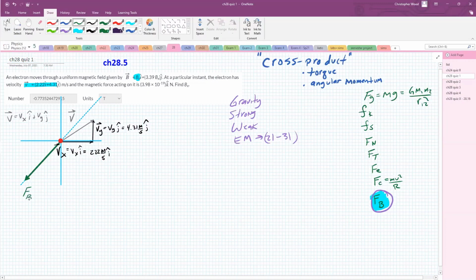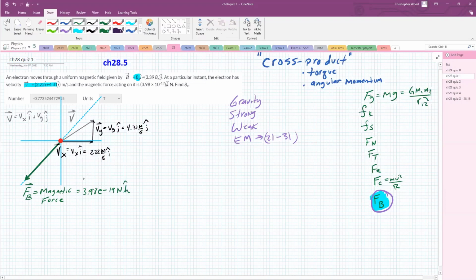B stands for magnetic. So F subscript B is the magnetic force, which again is a brand new entry, magnetic force. So fundamental force of nature. And for us, this is 3.98 times 10 to the minus 19th newtons in that k hat direction.